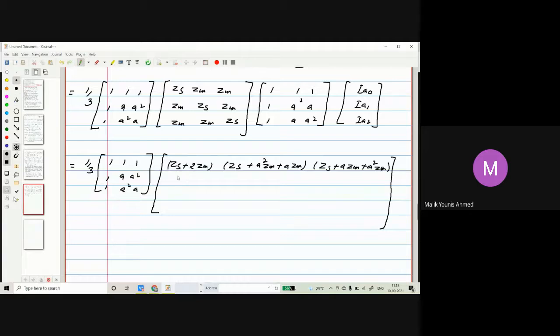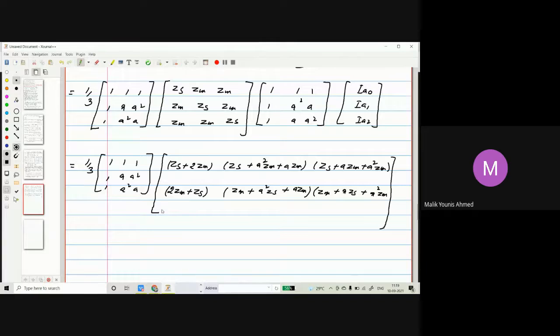Second row will be similarly, you can see, 2ZM plus ZS, and then it will be ZM plus A square ZS plus A ZM, then ZM plus A ZS plus A square ZM.